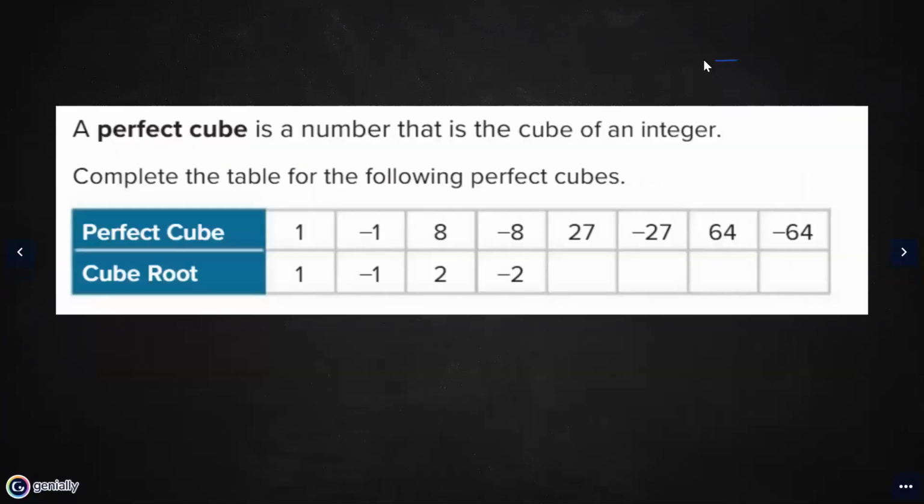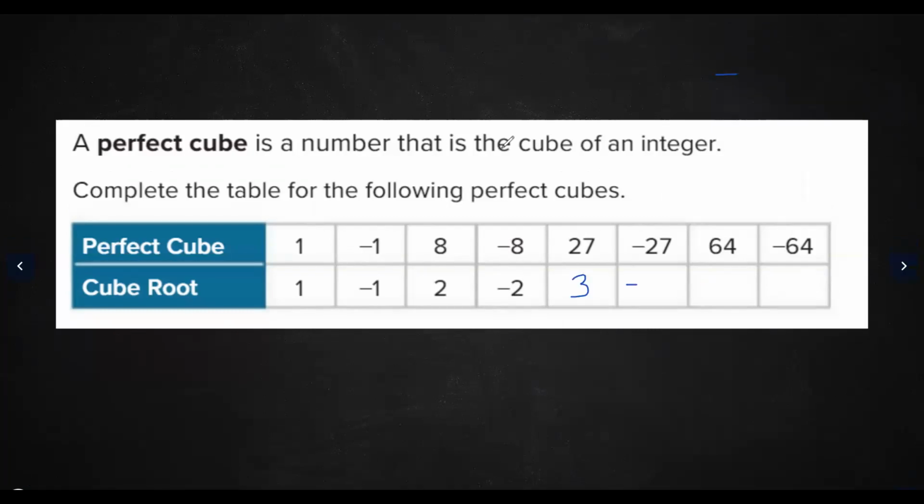A perfect cube is a number that is the cube of an integer. Complete the table for the following perfect cubes. So the cube root of 27 is 3. And the cube root of negative 27 is negative 3. Now, the cube root of 64 is 4.